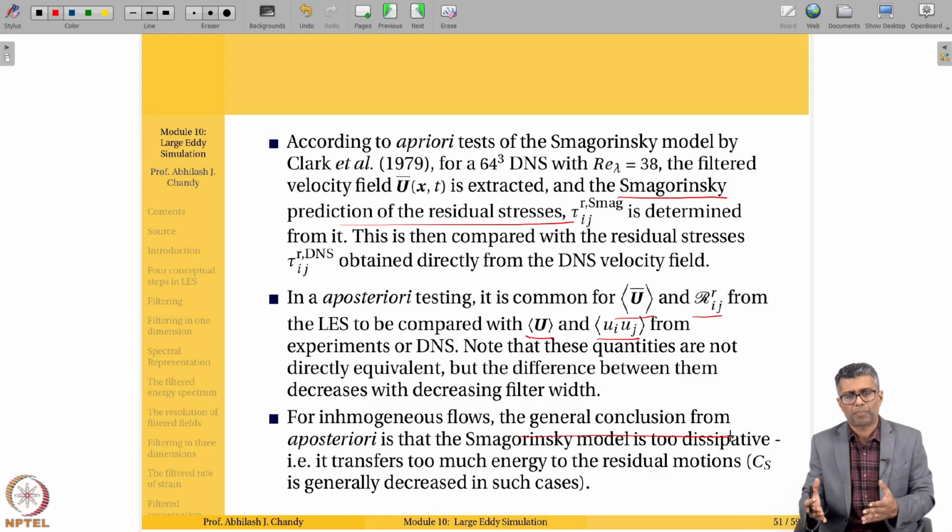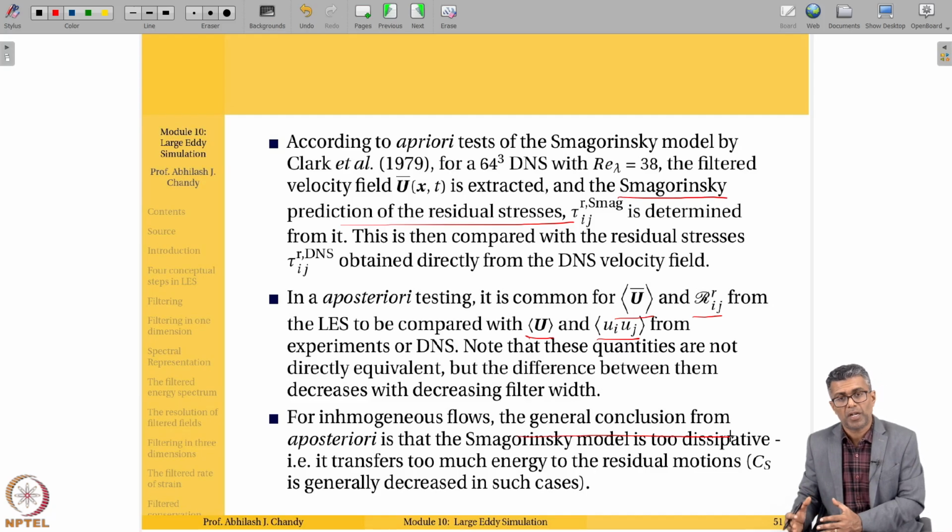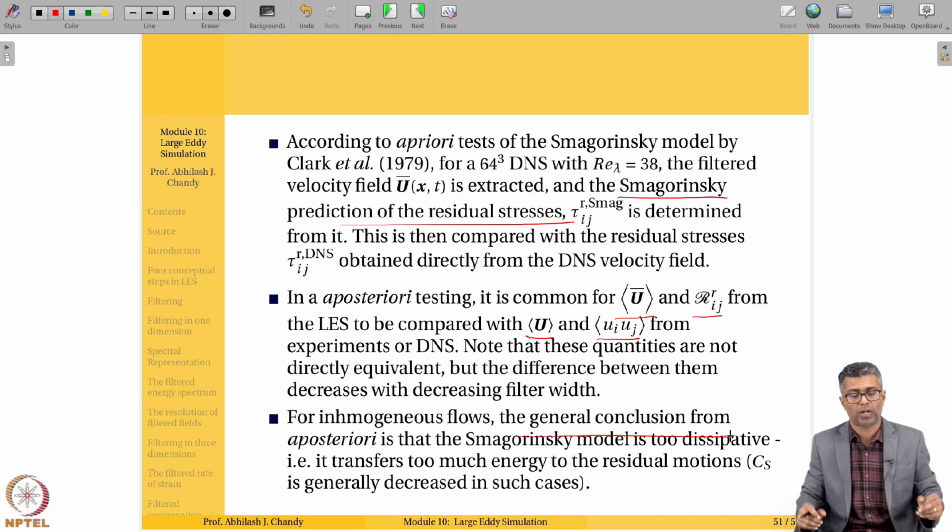For example, if you're trying to model a 1 million Reynolds number, LES is calculating for an apparent Reynolds number that could be as low as, just putting out some number out there, 30,000, for example. So the difference is much larger. That shows that the dissipation is too much with using the Smagorinsky model.